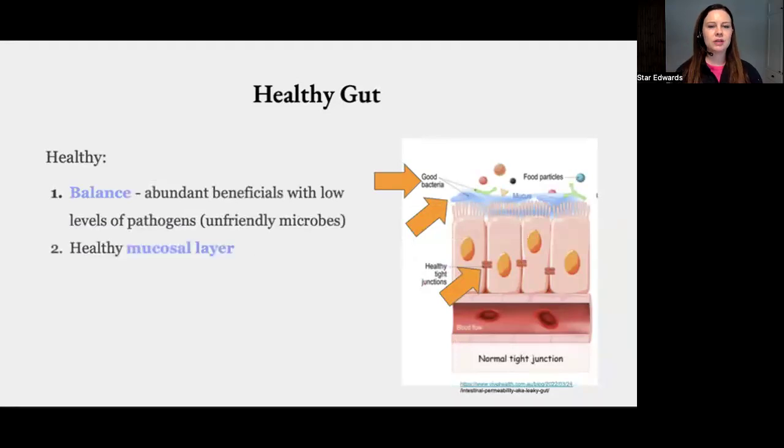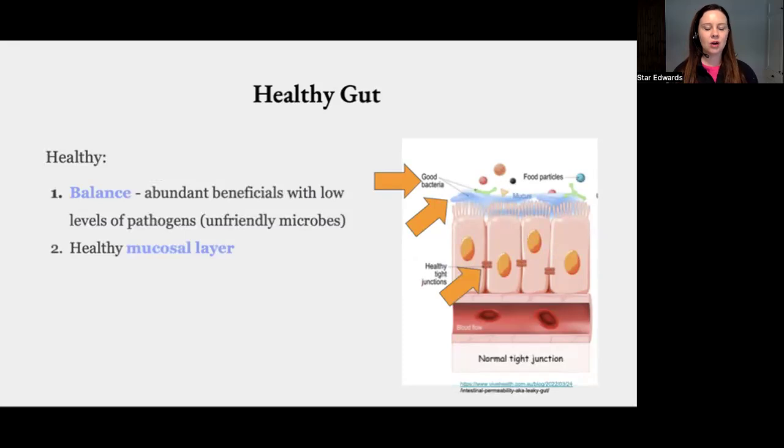The second characteristic is a healthy mucosal layer. That's this blue layer that we see in the picture. And the mucus helps to protect the intestinal barrier cells. That is, these cells are what we see here in this drawing. It's one layer thick, and the mucus protects these cells from being overly exposed to antigens that are in the microbiome.